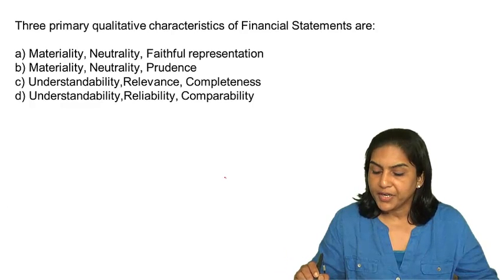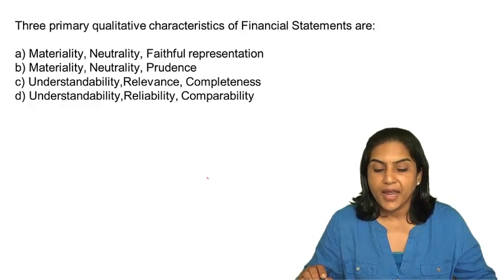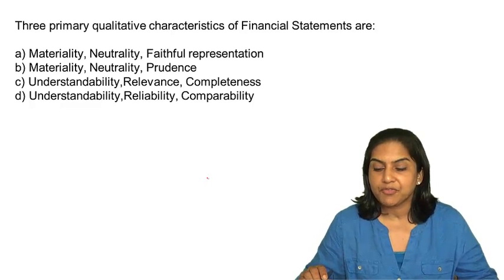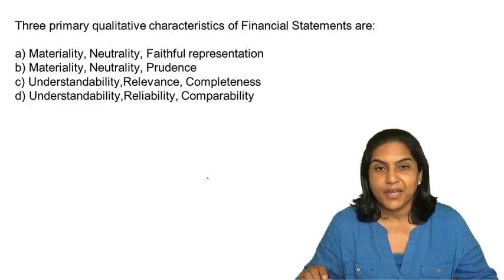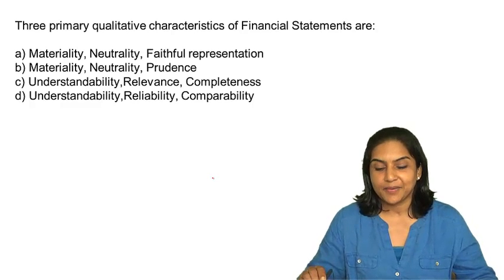Next, the 3 primary qualitative characteristics of financial statements are A. Materiality, neutrality, faithful representation, B. Materiality, neutrality, and prudence, C. Understandability, relevance, and completeness, D. Understandability, reliability, and comparability.